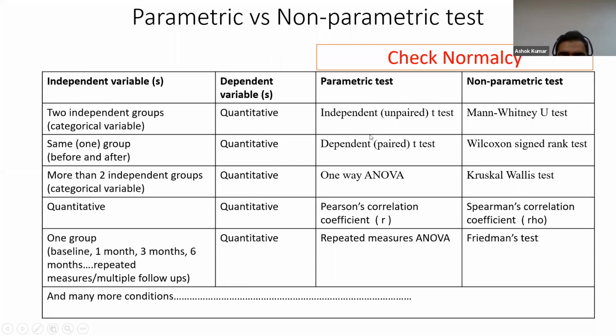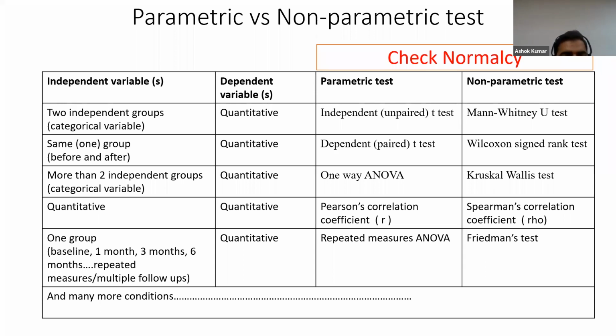So I have to use the dependent or paired t-test because there is a pair, before and after, if our dependent variable follows normal distribution. Otherwise I have to use the Wilcoxon signed rank test instead of the dependent t-test.